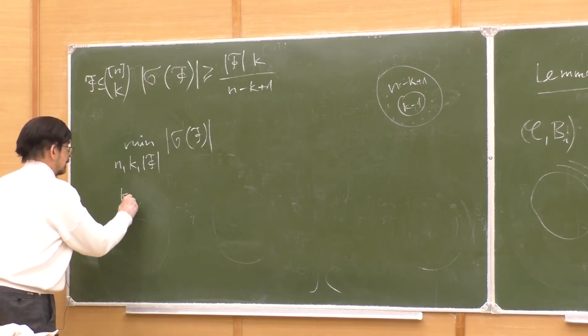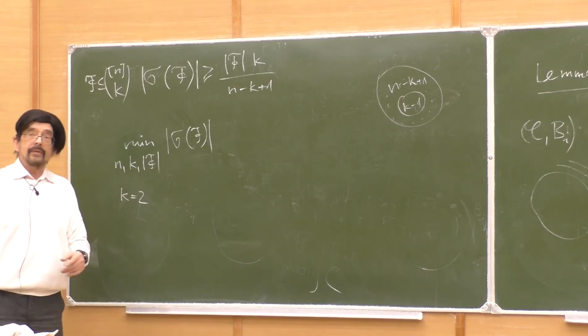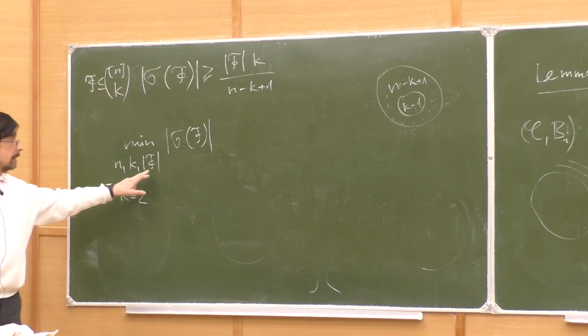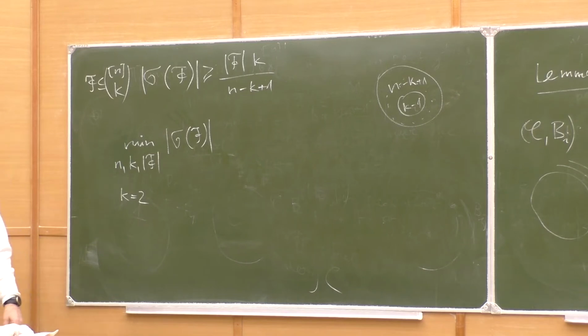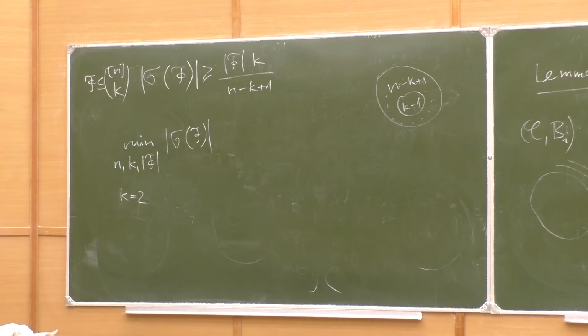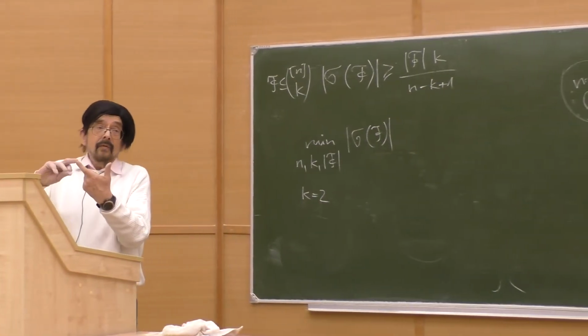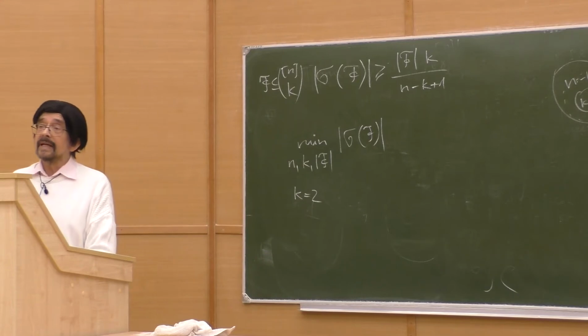So what do you think if k is 2? So we have actually a graph. We know the number of edges. And the shadow is the non-isolated points, because you delete one endpoint of each edge.